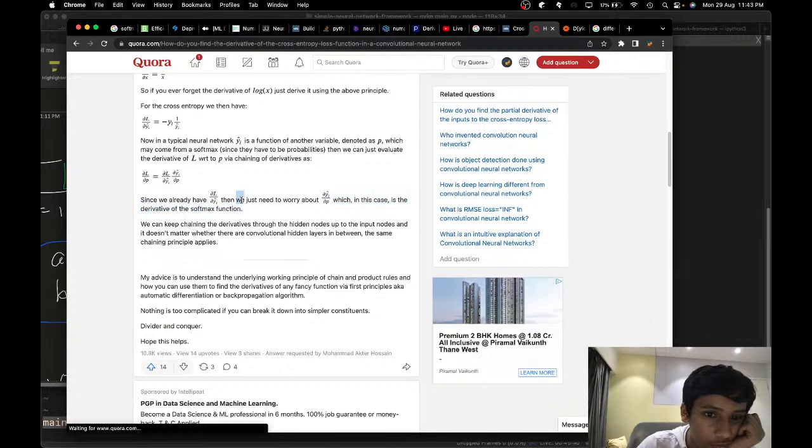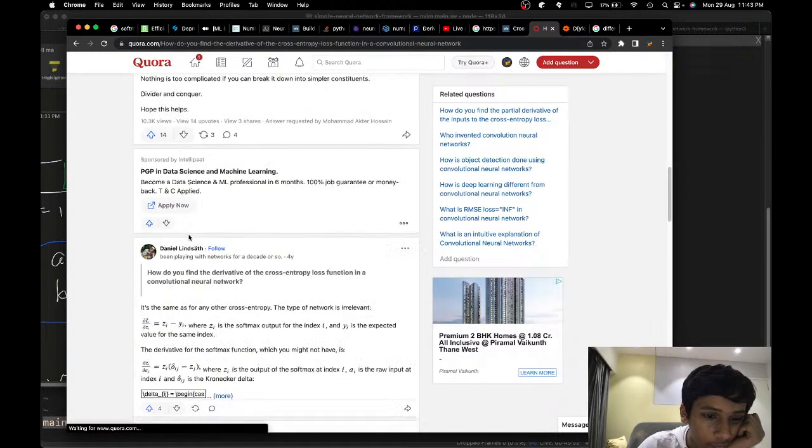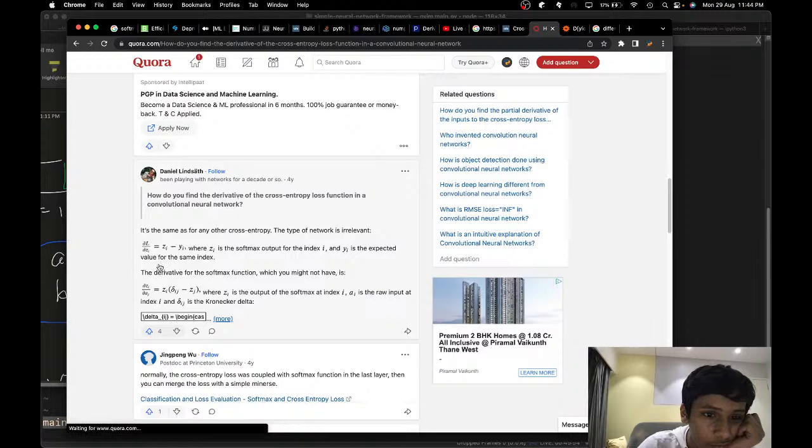Since we have this, we don't need to worry about this, which in this case is the derivative of this, and we can't keep chain derivatives, and I don't know what's up with the input node. Cross entropy.